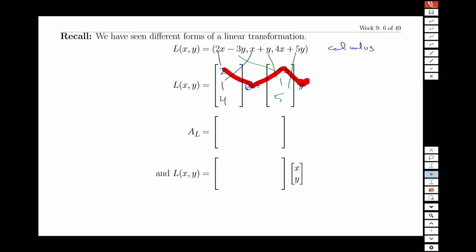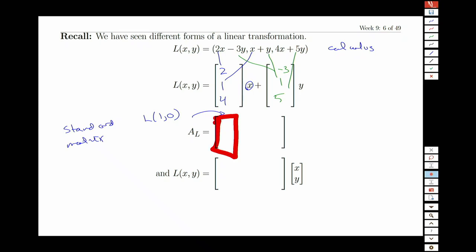Then we talked last week about the standard matrix form. That standard matrix captured in one column the transform of the 1, 0 vector. So this column here is what we get when we transform 1, 0.